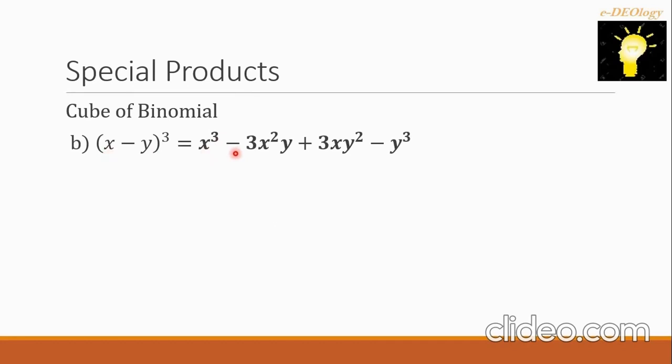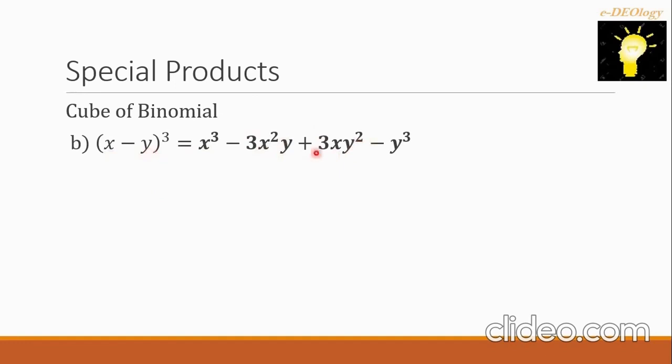And then minus the constant 3 is here, and then x squared. This is the x that is squared, followed by the y. And then plus another constant 3 will be there, and then the x, that is the first term, and then the y squared.